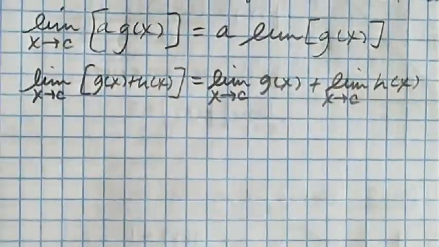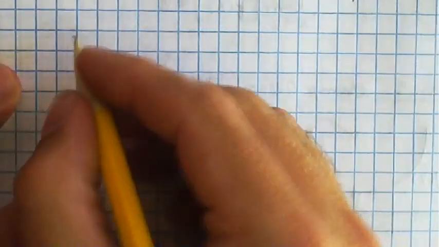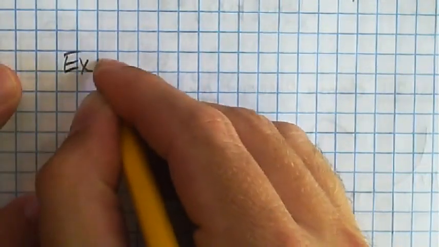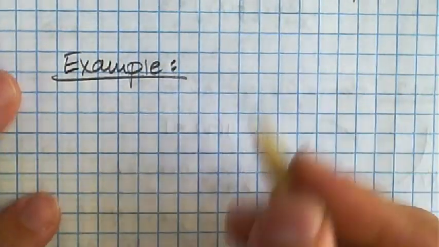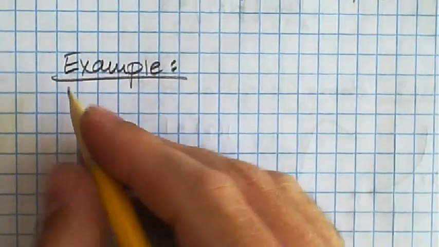Okay. Now, for example, suppose you're given a couple functions. Because I have seen this before, these types of items.